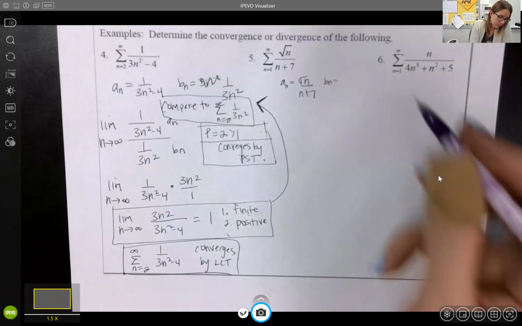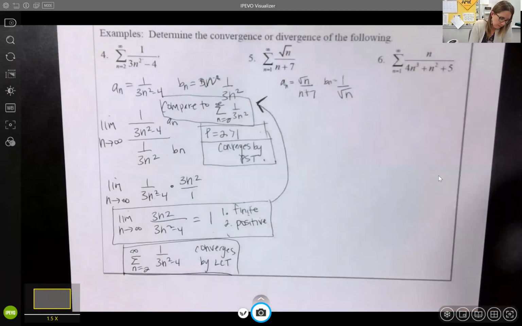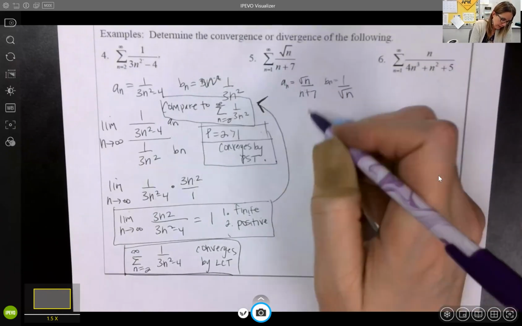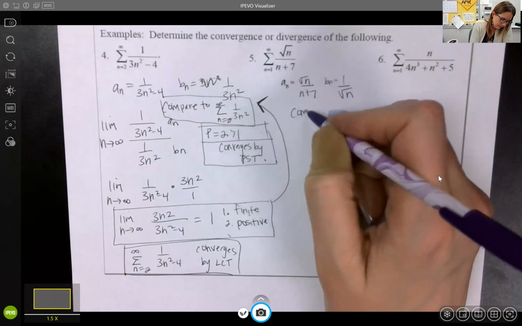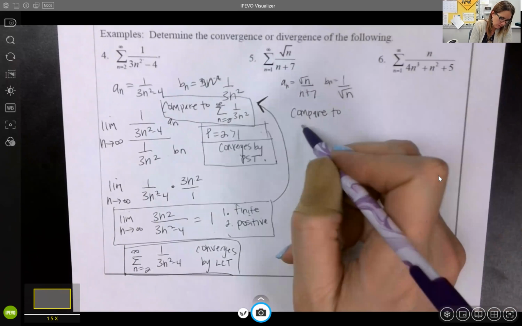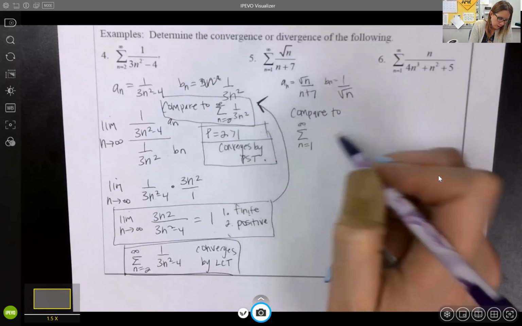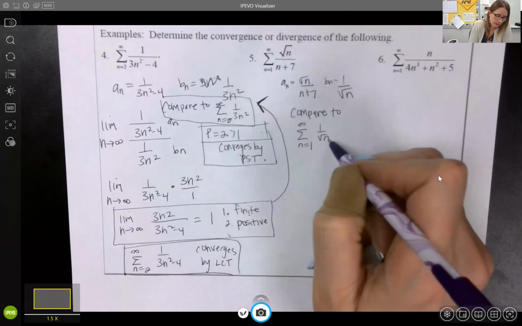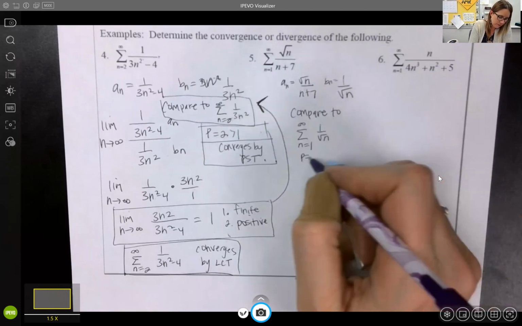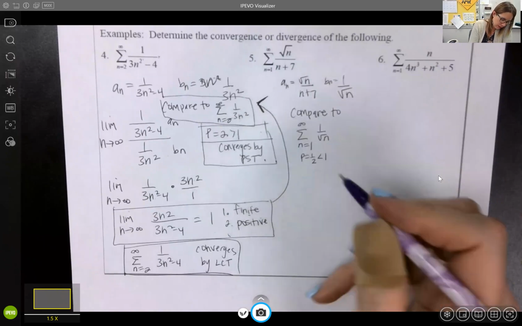So I'm going to compare this to 1 over root n. Remember that when we write our limit, let's finish this real quick. So compare to 1 over root n, p equals a half, which is less than 1. If it's less than 1, it diverges.